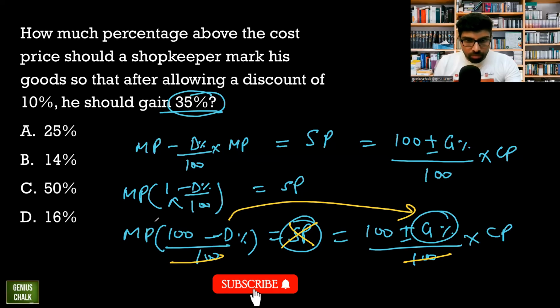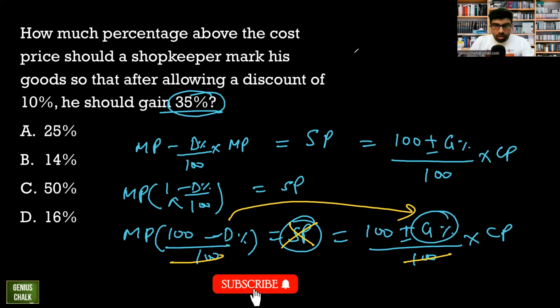So you can write it like this: mark price into (100 minus discount percent) is equal to (100 plus or minus gain percent) into cost price.